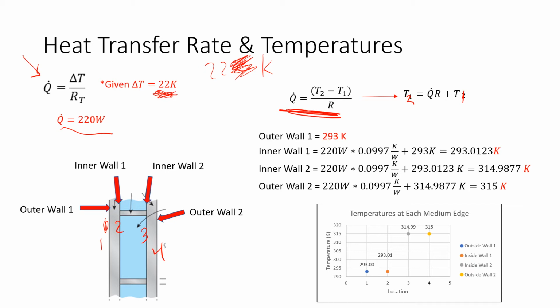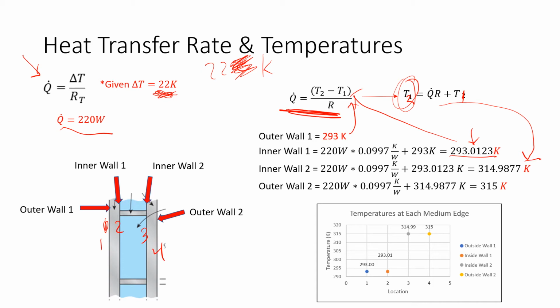So the very first outer wall temperature I chose to be 293 Kelvin. So I'm going to plug that into T1, which will then give us our T2. And that goes into our inner wall 1. Then we take this inner wall 1 temperature, plug that into our T1, which gives us the next T2, our inner wall 2.